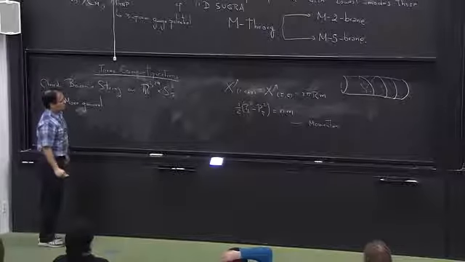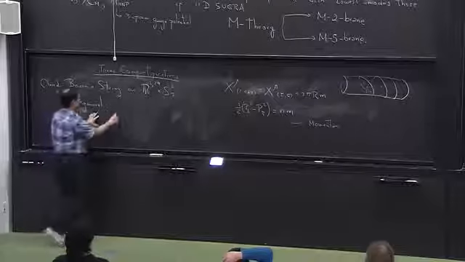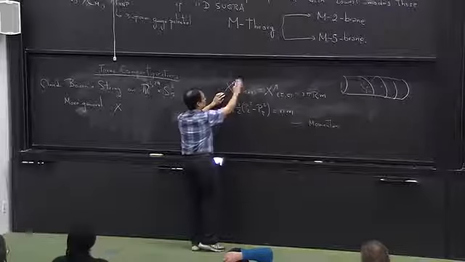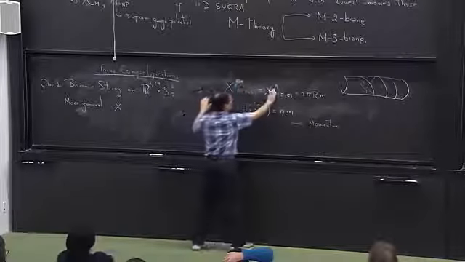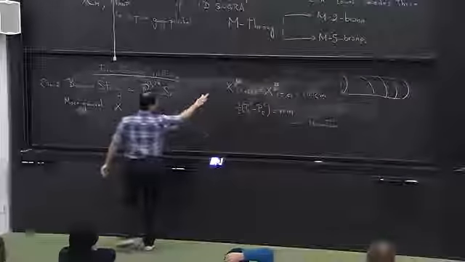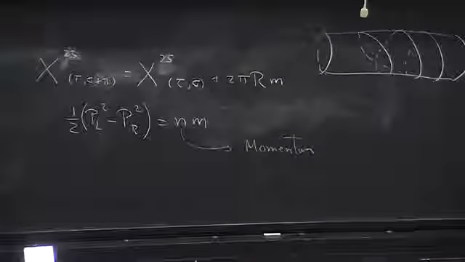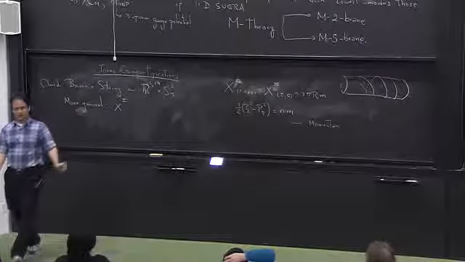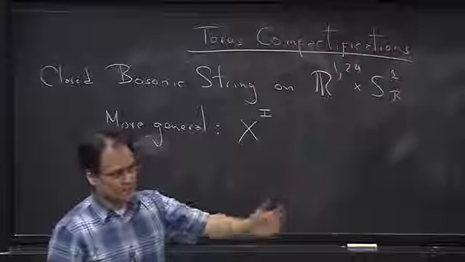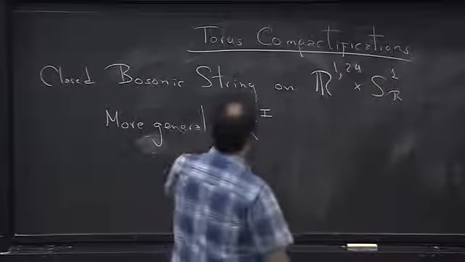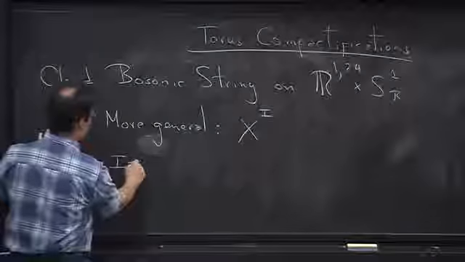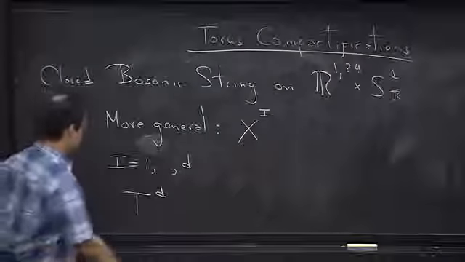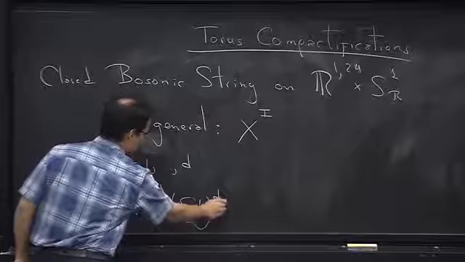So what would be the more general compactification? It would be something where people also like to call the compact direction. In this case, it was 25th, right? But the only condition, the boundary condition that was modified, was only for the compact direction. So people like to call the compact directions with an index I. The mu index is reserved for the non-compact directions. So we're going to call the compact directions I, and they will go from 1 to D, say. So we're compactifying on a T^D torus, which means D copies of an S^1.